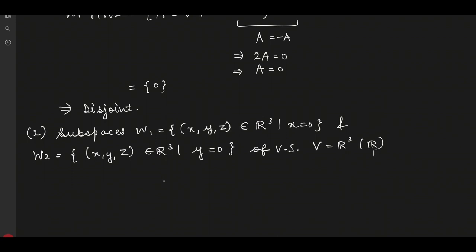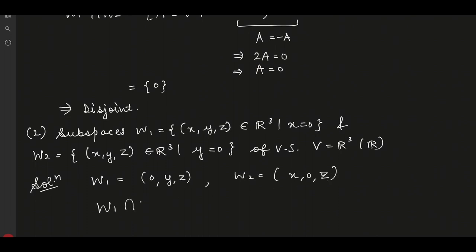They are not. Reason? The element z will be there. If we combine x equal to 0, y equal to 0, but z is there. So z is not 0. W1 has elements of the type 0, y, z, and W2 has x, 0, z.